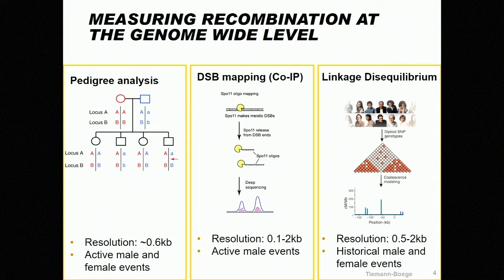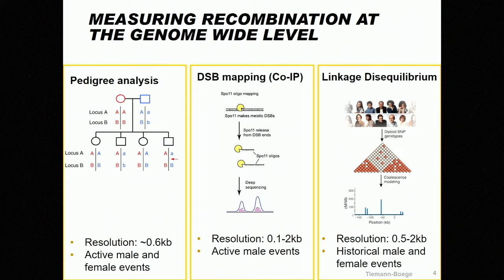And they found, with a very complex mathematical analysis called coalescent analysis, that some regions are broken up more often than others. And these were called recombination hotspots. Now, because genotype information represents many thousands of generations and represents a population average, it's what we call historical recombination.